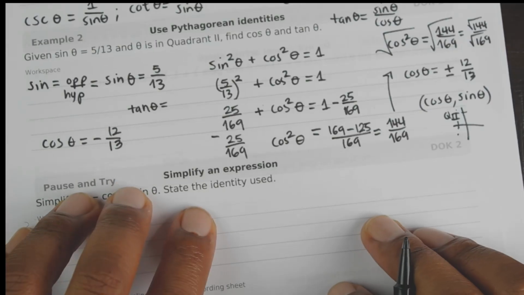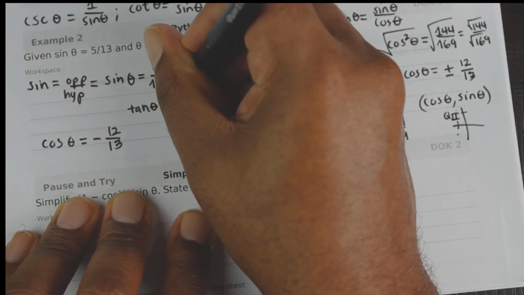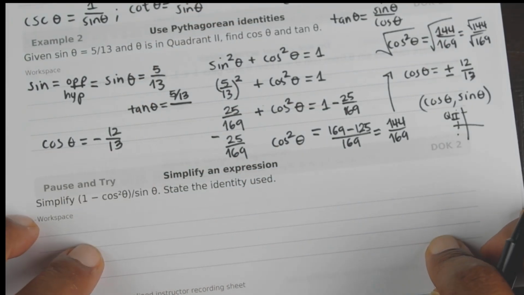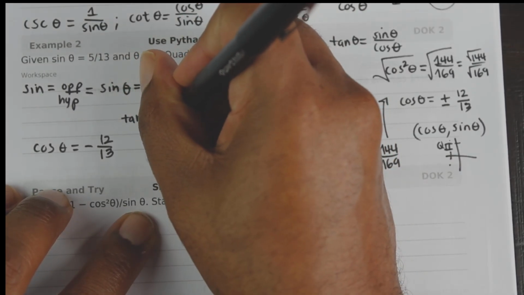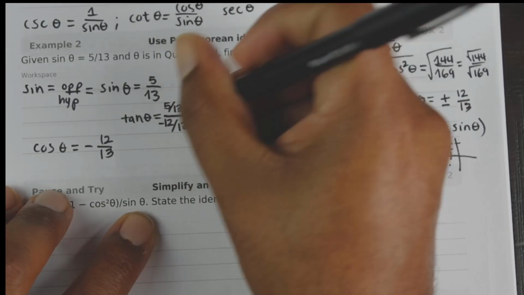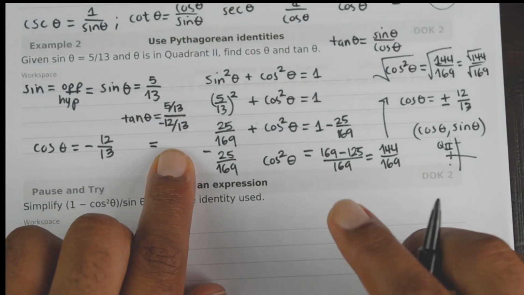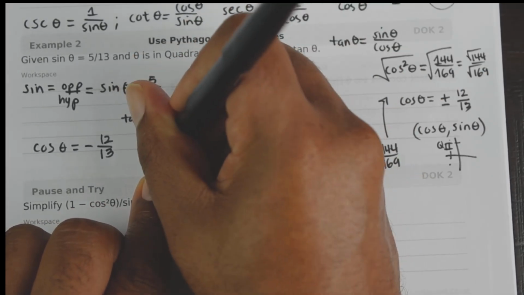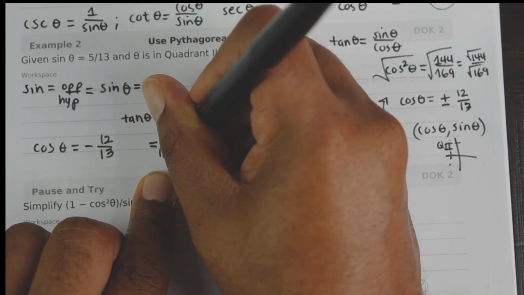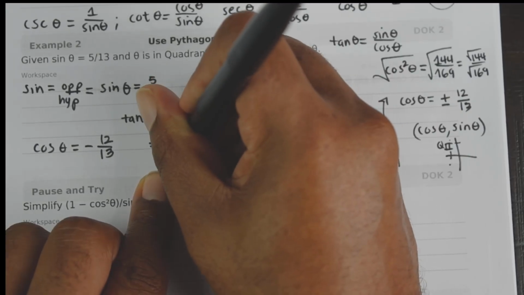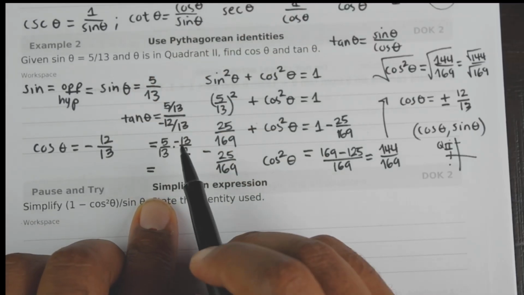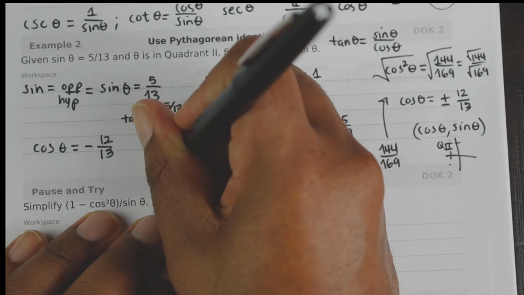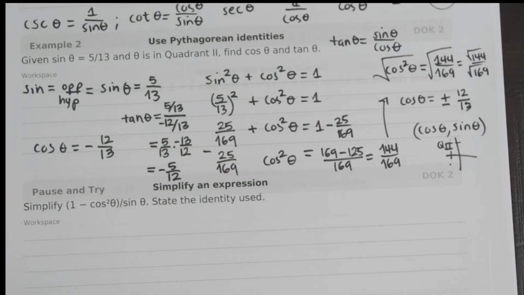Sine theta would be 5 over 13. That's 5/13 divided by cosine theta, which is what we found here, which is negative 12 over 13. So when we simplify this, remember you're multiplying by the reciprocal. So this would be 5 over 13 times 13 over 12. So again, the 13s would offset, left with negative 5 over 12.